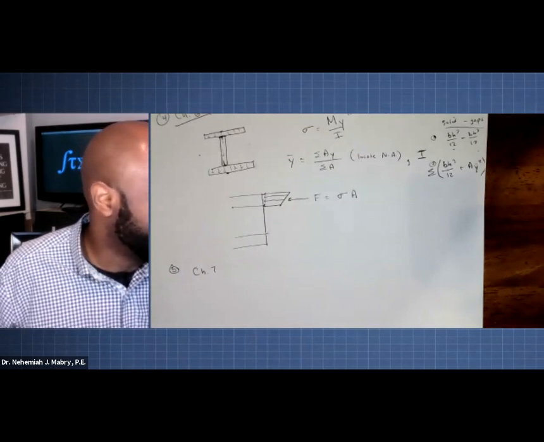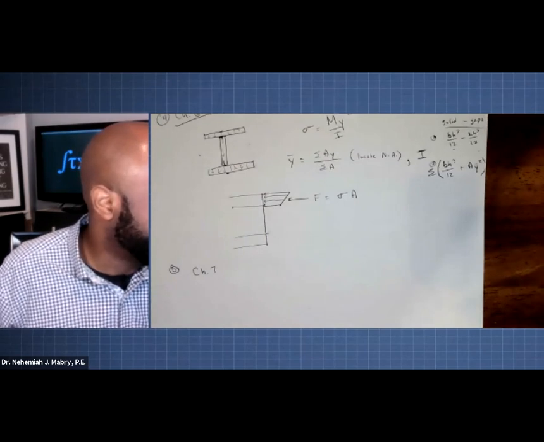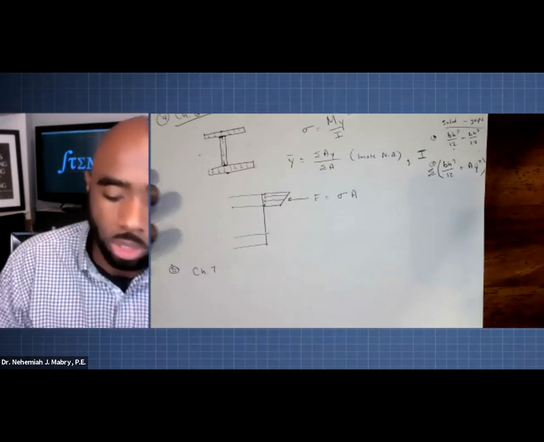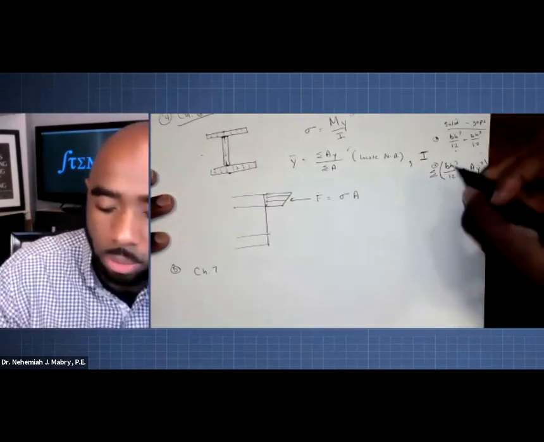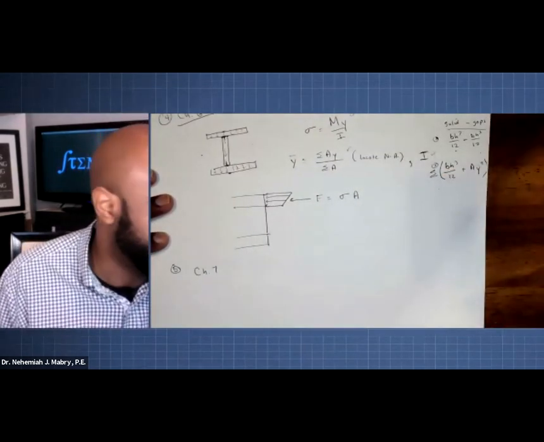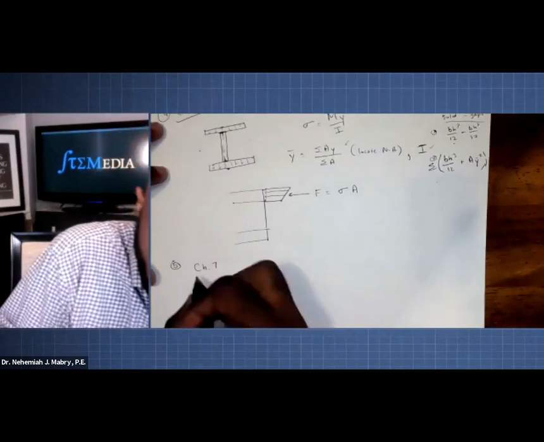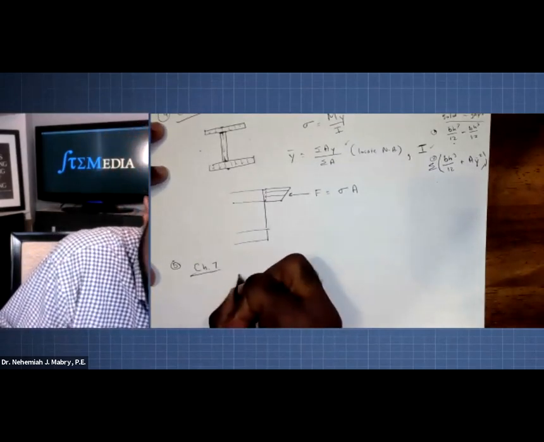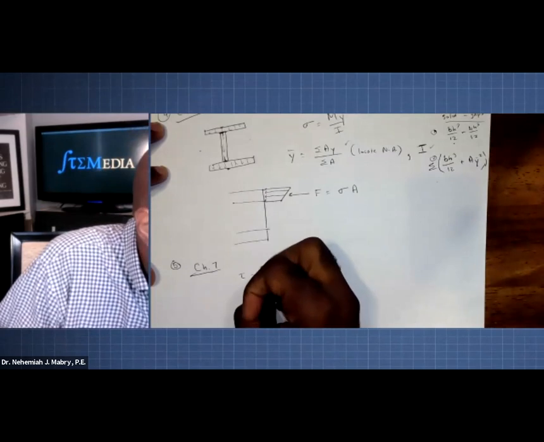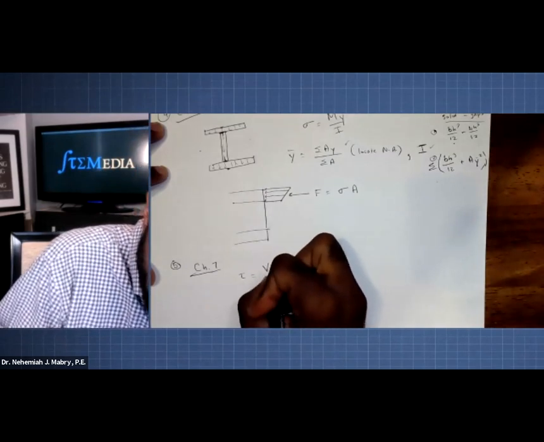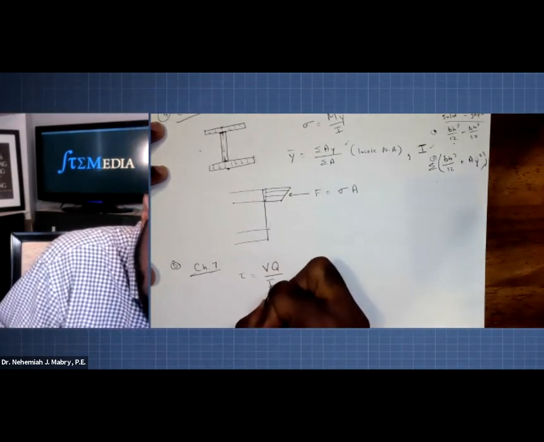I only say that because it's weird, but it's definitely one of those things that you can figure out once you get a hang of it. We're still going to need to know how to calculate y. We're still going to have to be proficient in calculating the moment of inertia. But we're also going to deal with this equation right here. Tau is equal to VQ over IT.